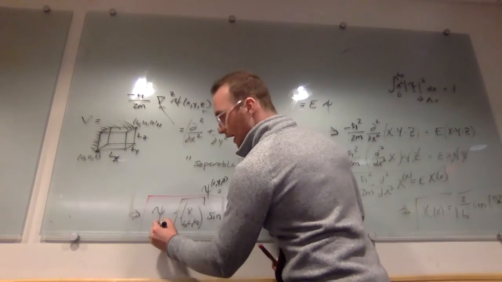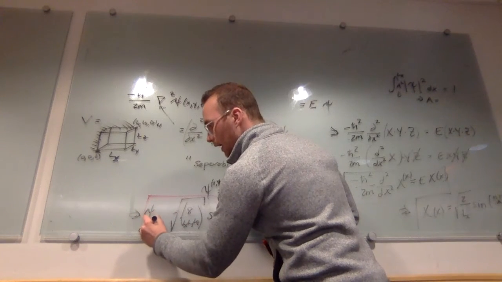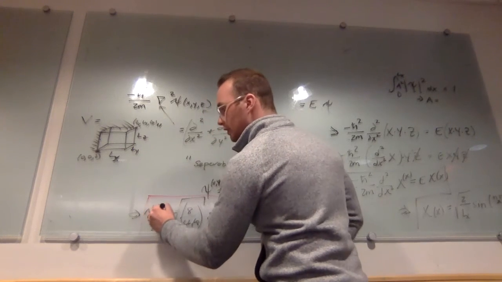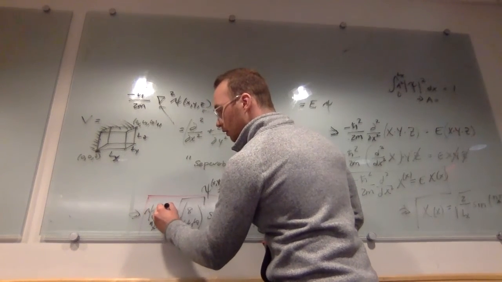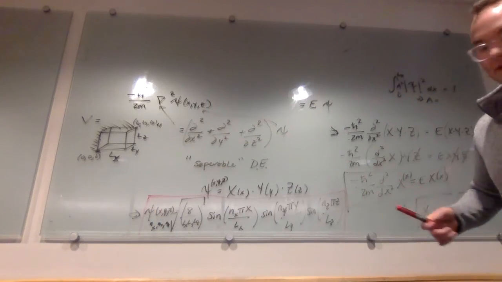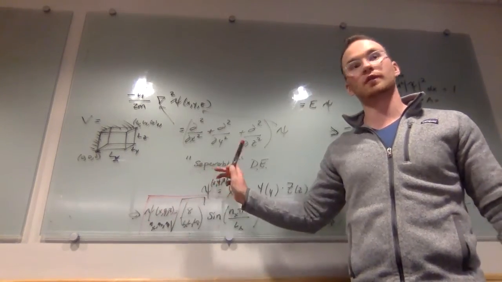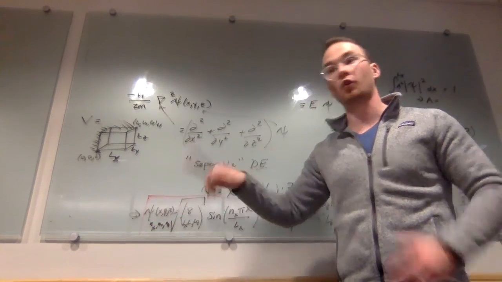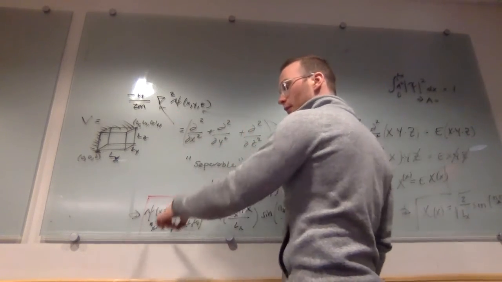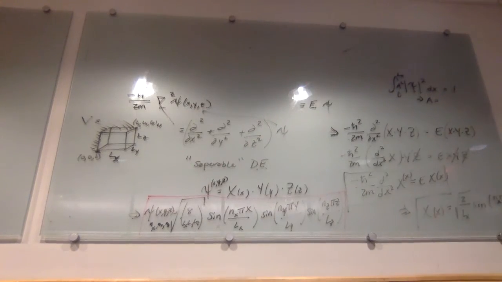So you should really write psi of nx, ny, and nz. And of course, it's a function of coordinates. Why do I keep writing x, y, z? I'm just trying to emphasize that psi is a function of x, y, z. It's always a function of x, y, z, but of course there are many wave functions. And to tell me the wave function, you have to tell me nx, ny, and nz, all 3.